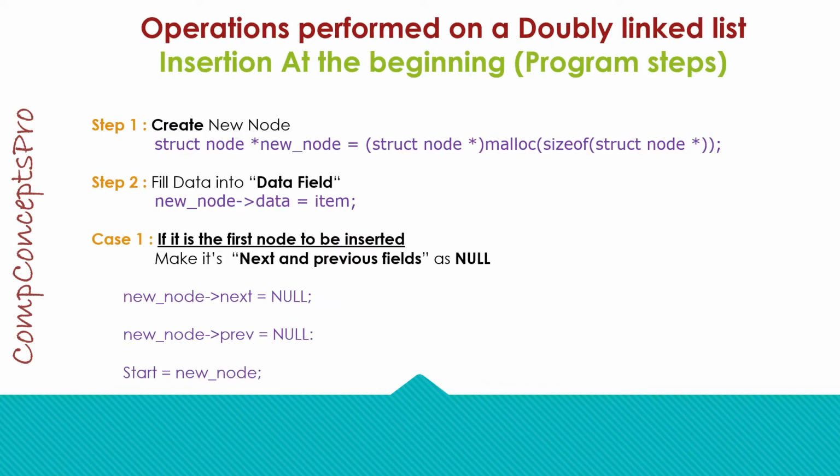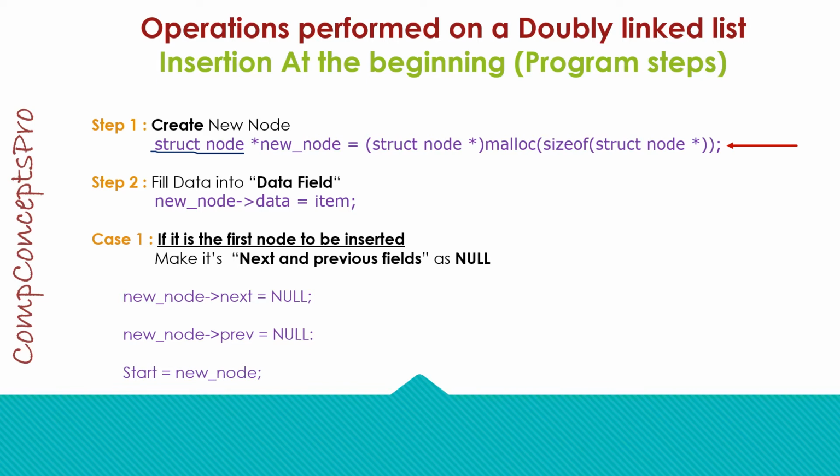Programmatically, we have to write these steps to insert a new node in the doubly linked list at the beginning. First of all, we have to create a new node in order to insert one. Declaring a new node is the same as in the case of a singly linked list. Its data type will be struct node.